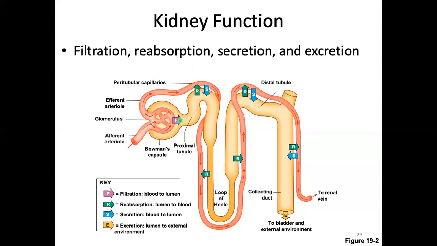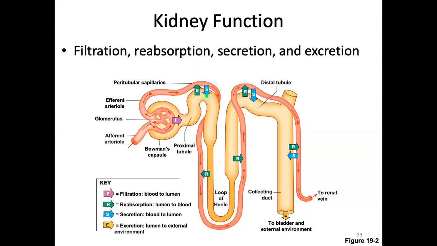So you're dumping out all the nutrients. Kind of weird, right? And then as the pre-urine is flowing through the tube, you're reabsorbing nutrients back into the bloodstream as you need them, depending on what region you're at. You reabsorb different nutrients at different regions, and we'll get into that in a little bit.